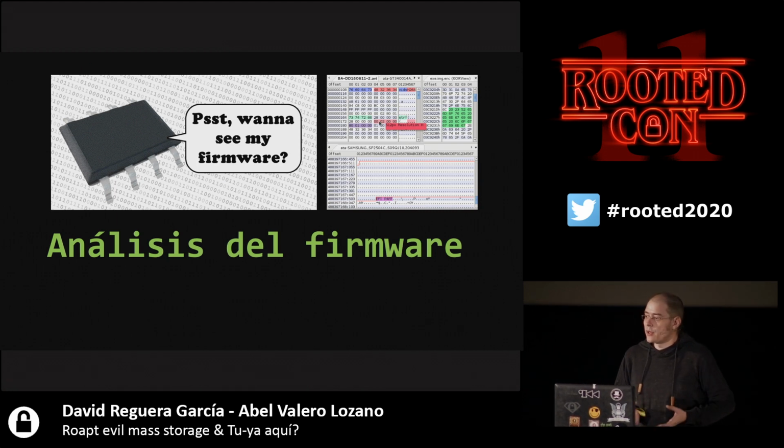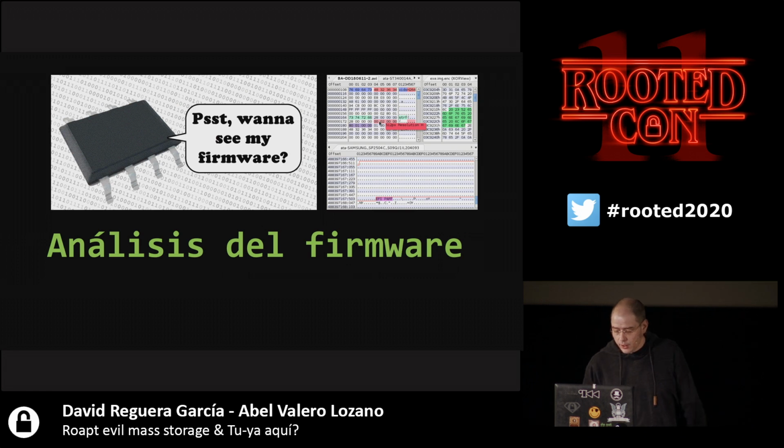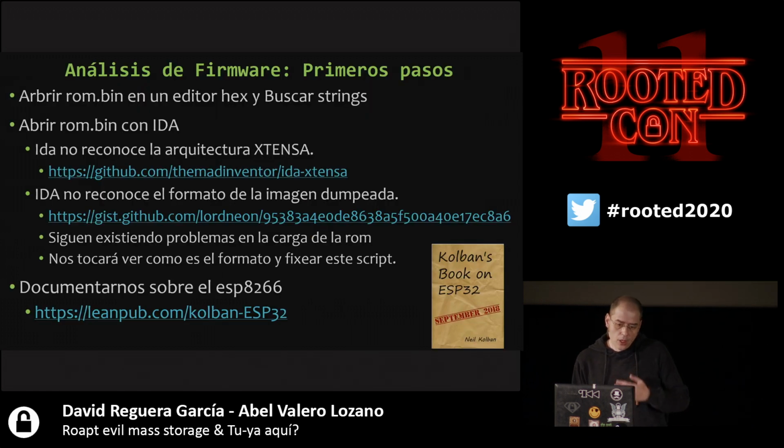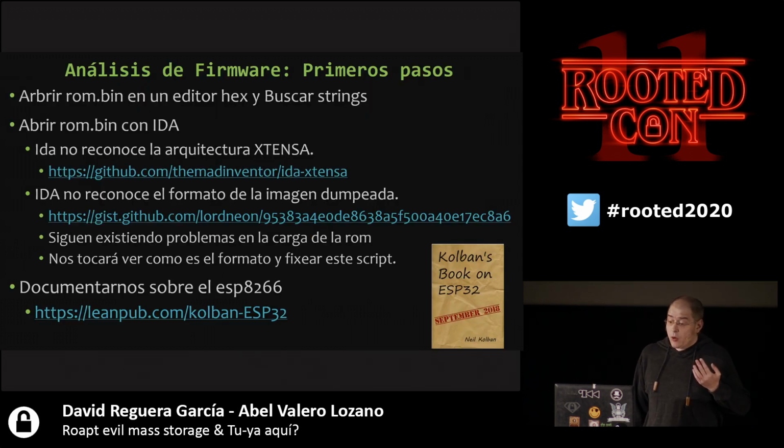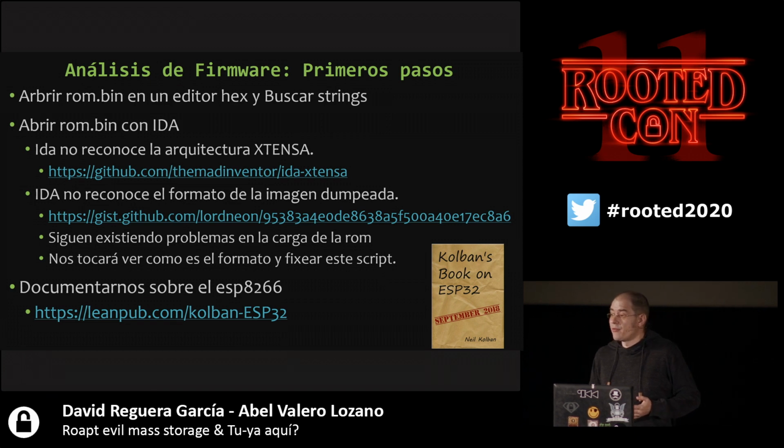Now let us see what's inside, because I'm interested in finding out what happens inside the ROM. I open it in a hexadecimal editor, then I look for strings, and I can see that there are text strings, things that remind me of code.